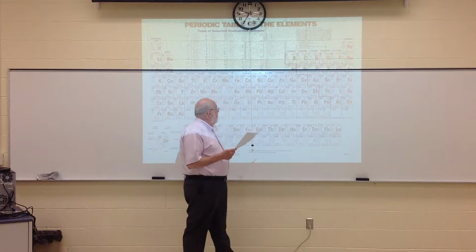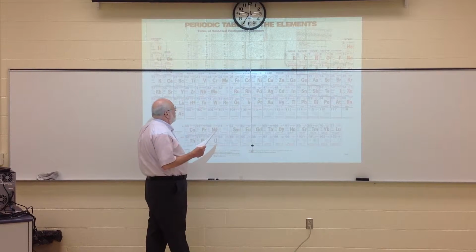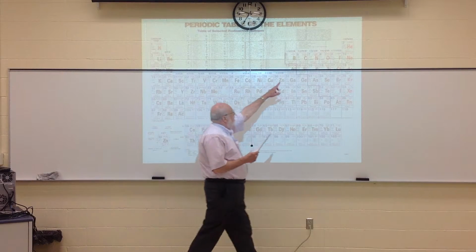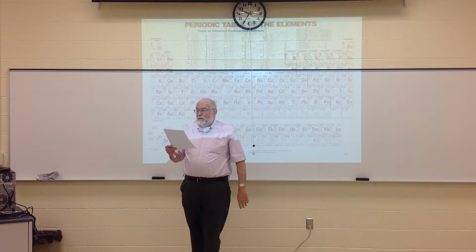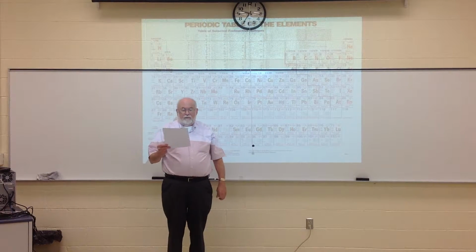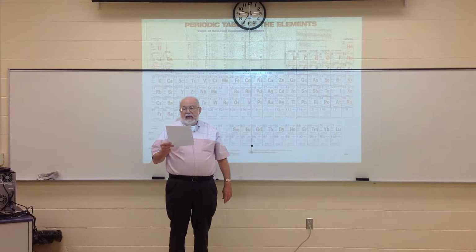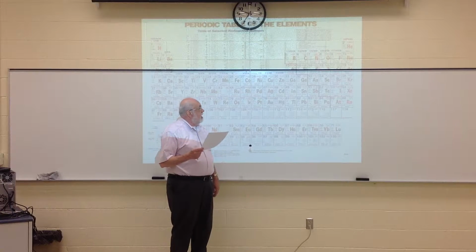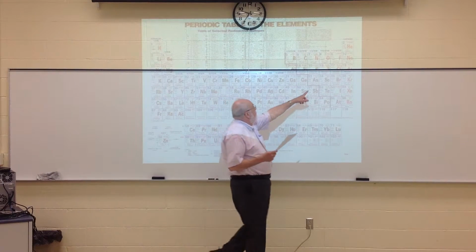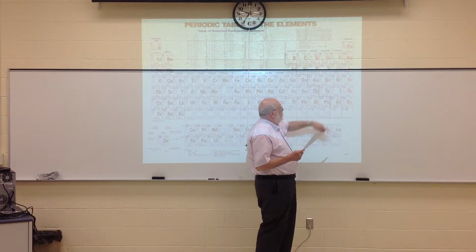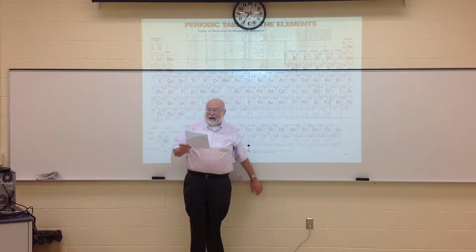And selenium, let's see where we have that one. It's right over here, number 34. So how would we go with that one? What's the symbol for it? Se. How many protons does it have? 34. And valence electrons, it's in group 6, so it would have how many? 6.